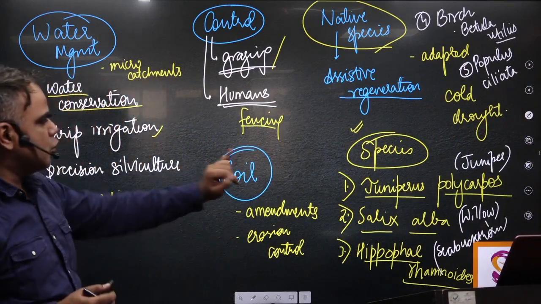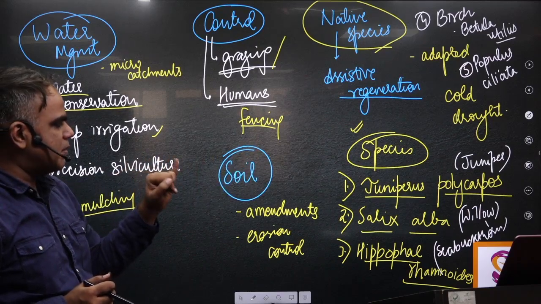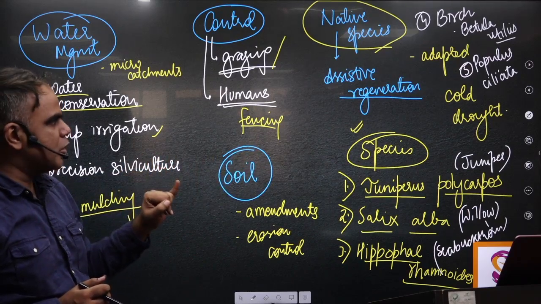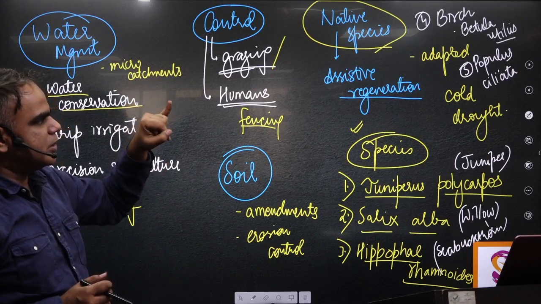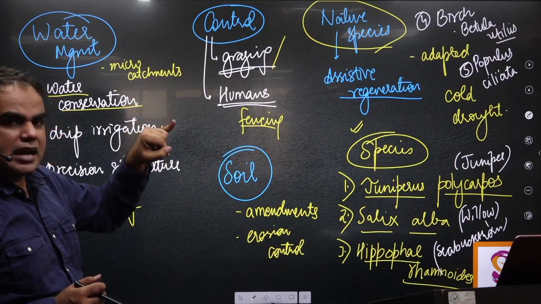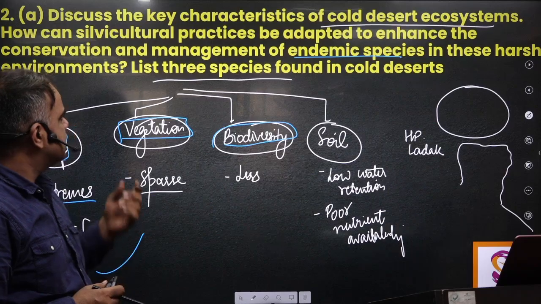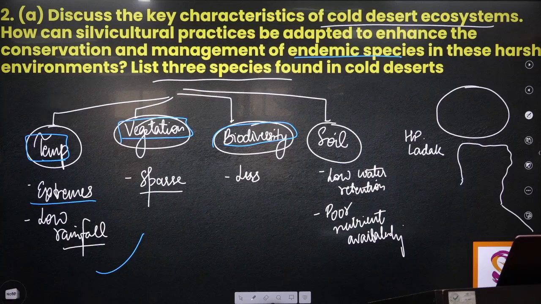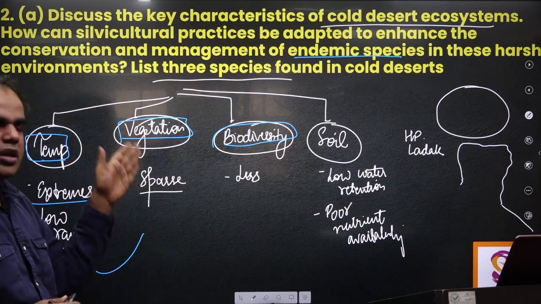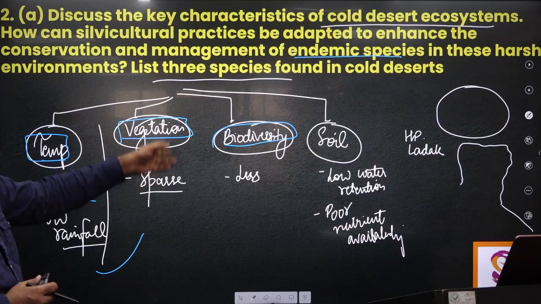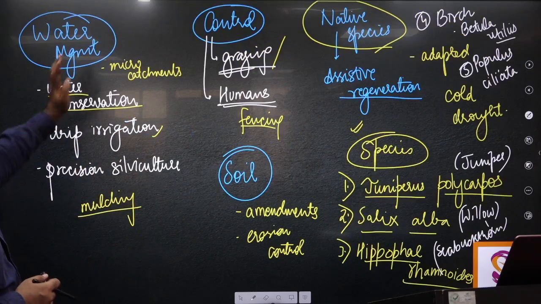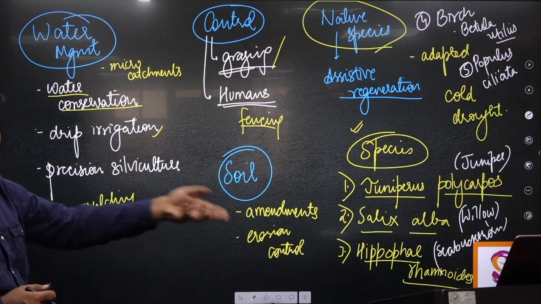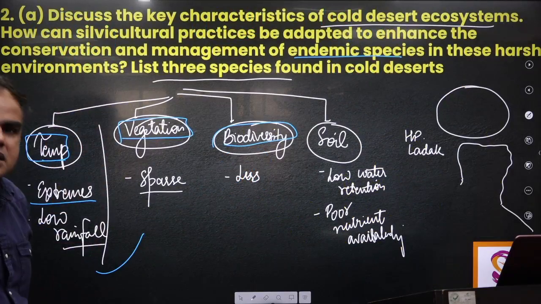Again repeating, Juniperus polycarpus, Salix alba, Hippophae rhamnoides, birch, that is Betula utilis, Populus ciliata. 5 examples, although you're only expected to write 3. And again, I hope by now you're able to understand how to structure these answers: temperature, vegetation, biodiversity, soil, and within that, even if you write down for all these parts, you will be able to understand how to address this.